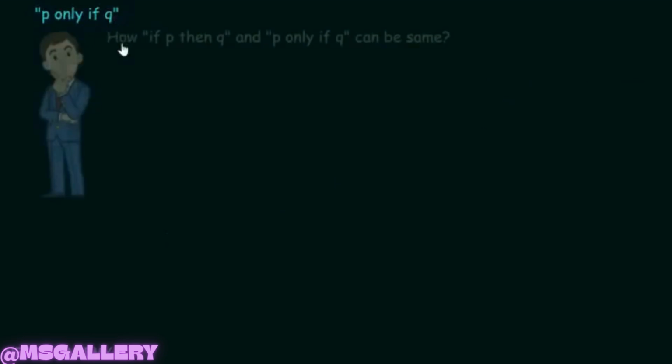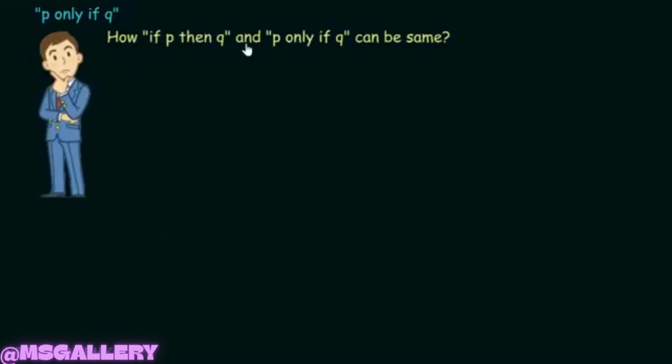Our first conditional statement representation is P only if Q. How can if P then Q and P only if Q be the same? This is the question that we need to answer. Let's consider one example. I will stay at home only if I am sick.